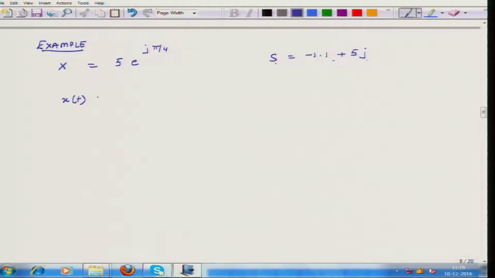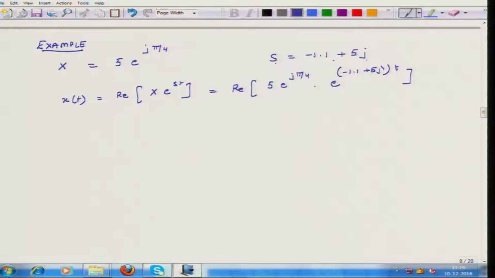x(t) is the real part of x e to the power of st, which is equal to the real part of 5 e to the power of j pi over 4 times e to the power of (minus 1.1 plus 5j) times t.